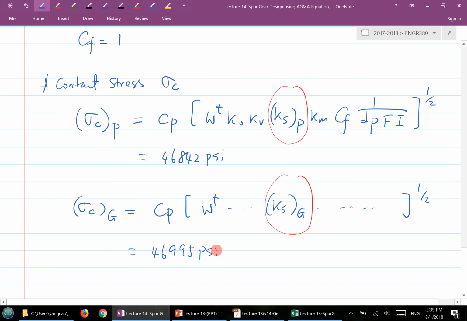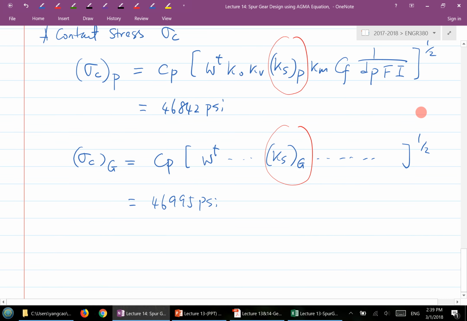That's right, because KSG here is bigger than KSP, since the gear typically has a larger gear tooth size. So you should have this relationship for the contact stress between the pinion and the gear. The gear contact stress should be bigger.